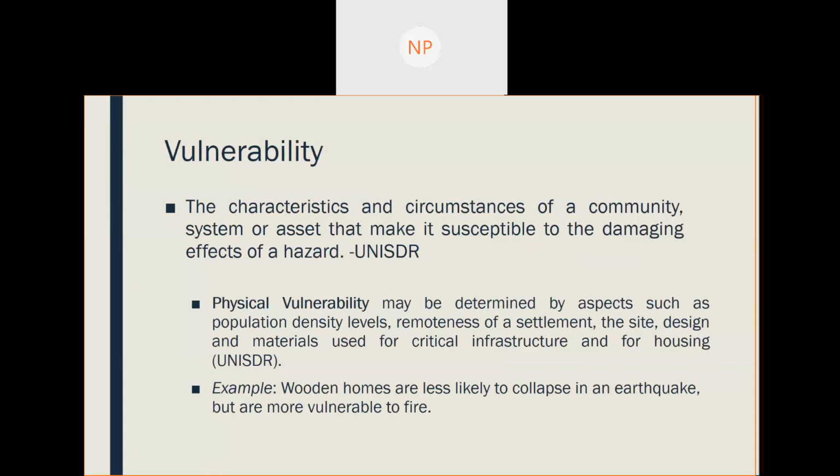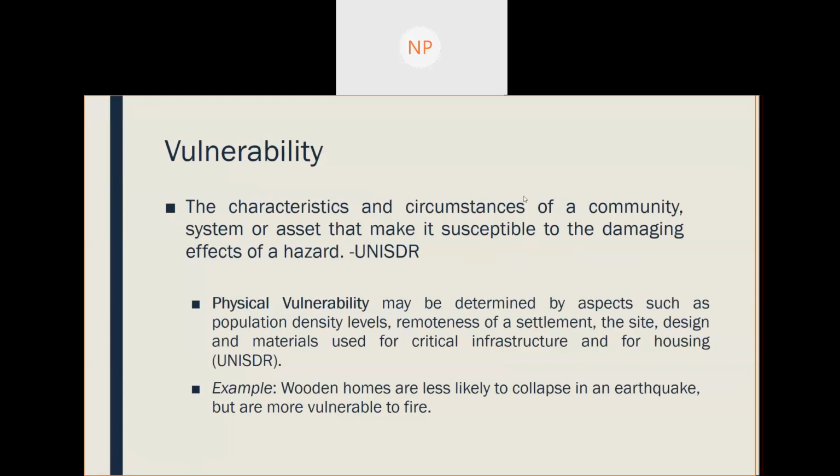The moment I say the word disaster, you have to remember that it is the degree of damage or the degree of loss. Hazard is the probability of loss. Disaster is the degree of loss or degree of damage. Oh, sorry, vulnerability is the degree of damage.